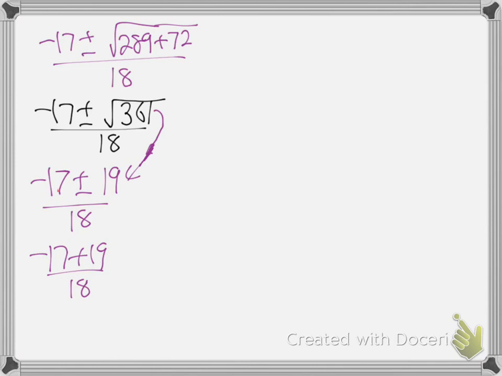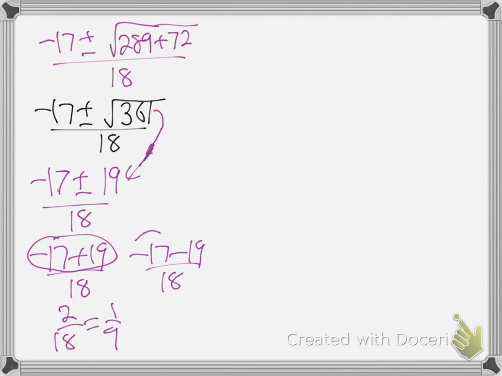The root is gone, so we can just add and subtract and finish up those numbers. Minus 17 plus 19, what's that? 2/18, which is 1/9, and minus 17 minus 19 is minus 36 over 18, which is minus 2. So I got those two answers.